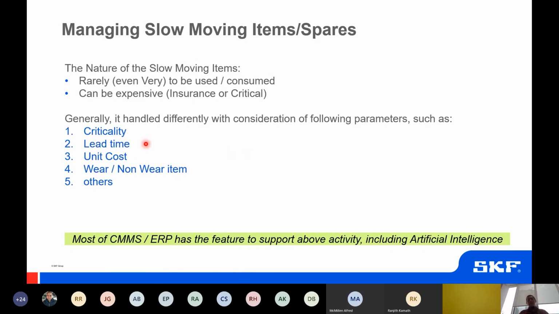For example, you need to think about the lead time, the unit cost, whether the spares wear itself or are non-wear items, and others, like the safety level, including the service level itself. But don't forget, most CMMS, as far as I know, like SAP or Oracle, have features to support this activity.